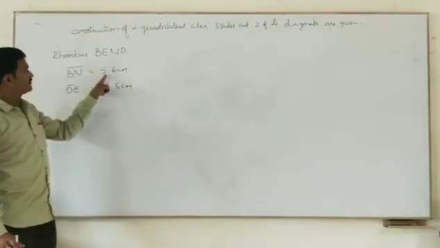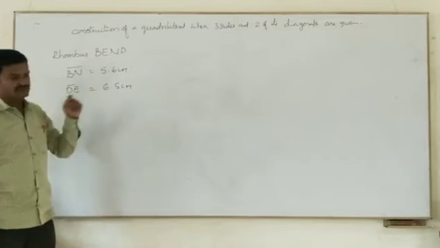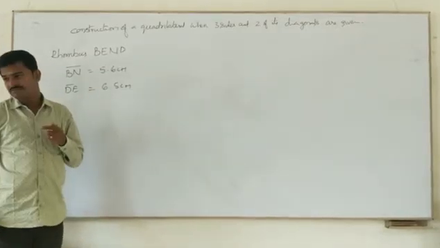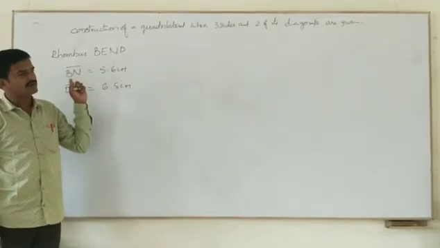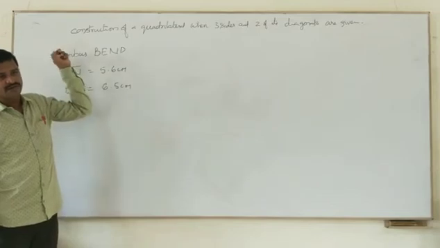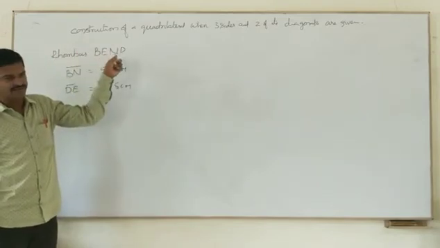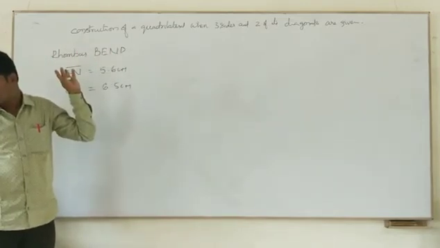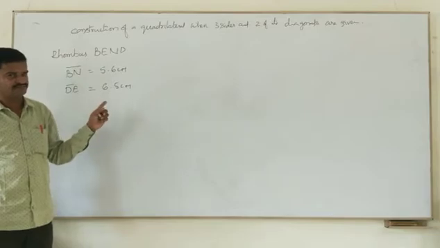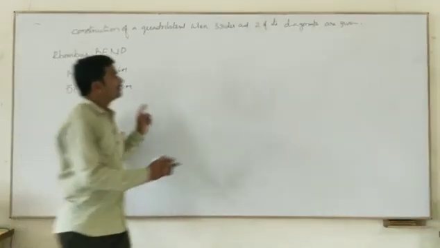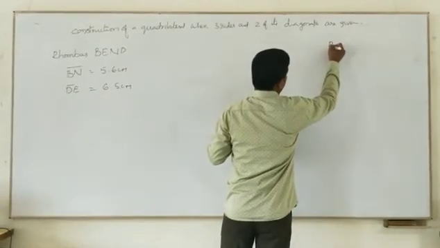Okay? BN equals 5.6, DE equals 6.5. The name of the rhombus is BEND. Are you clear? Everybody has to concentrate here. So, let us have a rough sketch.